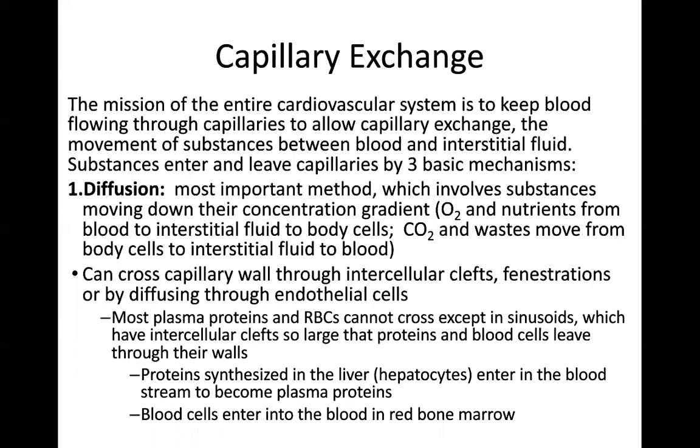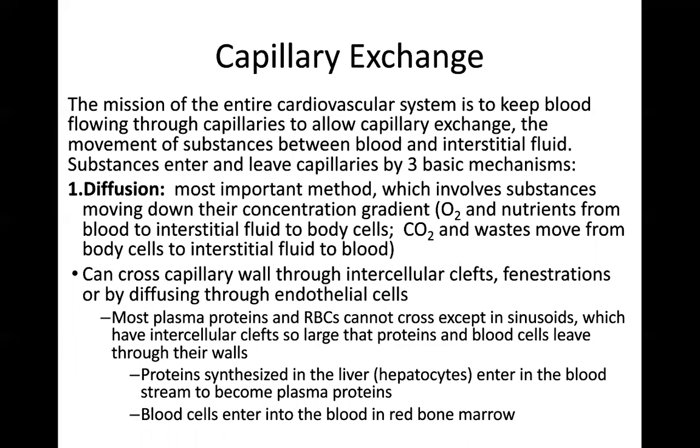So it's either the leaving of substances from the blood, and we've talked a lot about how water does that, or stuff entering the blood from our interstitial space, which we've also talked about water doing. But it's not just water, it's oxygen, carbon dioxide, glucose, amino acids, and many, many other things. Our various substances that we move in and out of the blood move through our capillary walls using three basic mechanisms.